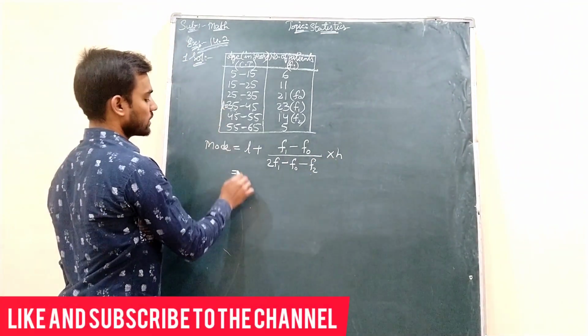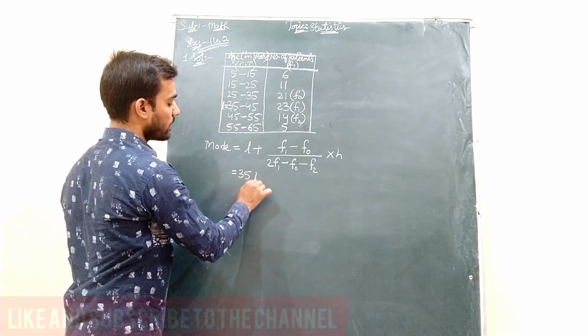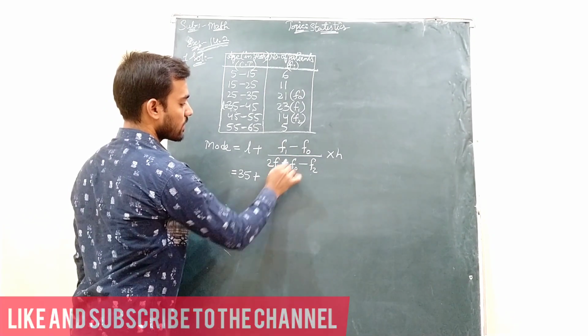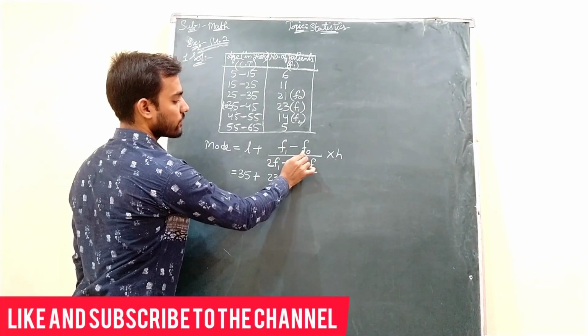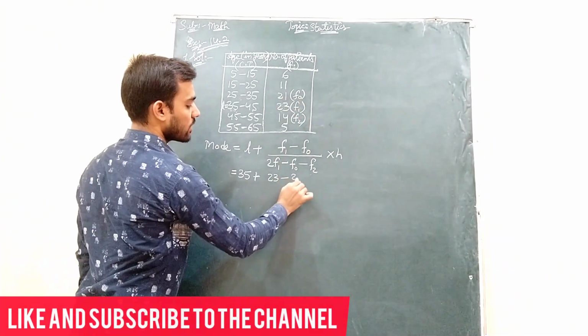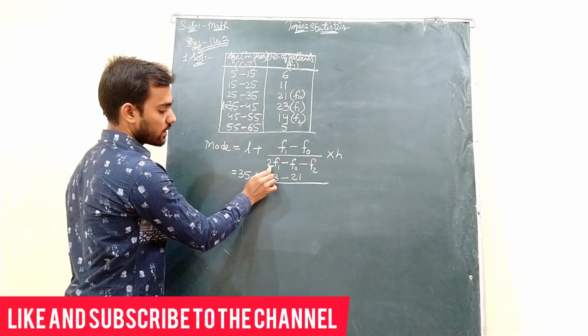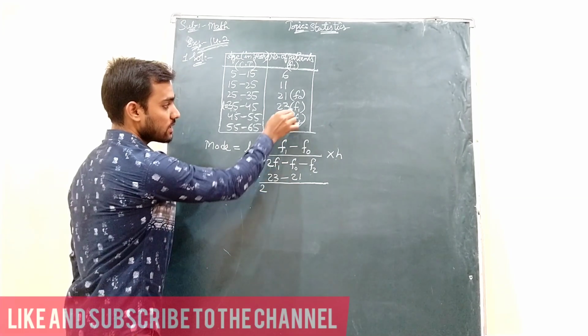L value is 35 plus (F1 23 minus F0 21) whole divided by 2 F1. 2 we will write as it is, and F1 is 23.